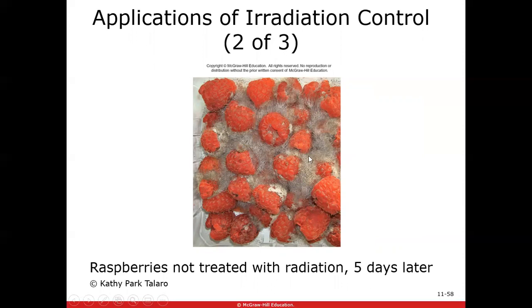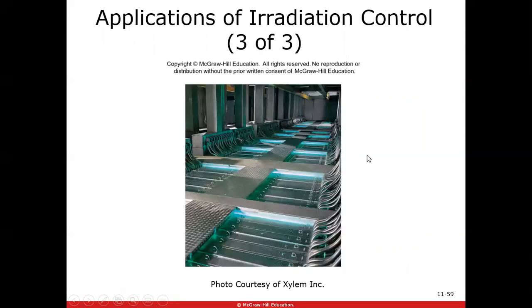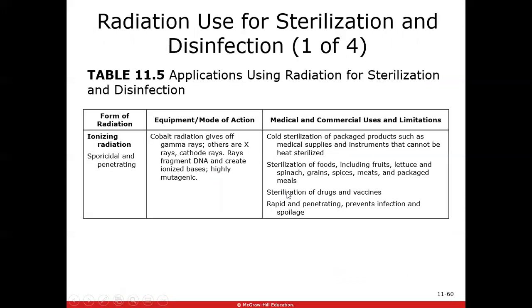See, there's a lot of microorganisms, and they actually had a field day. Applications of irradiation control. This shows some irradiation in water treatment. It has to be thin layers of water, but it kills the microorganisms in the water without affecting the taste or the quality of the water.